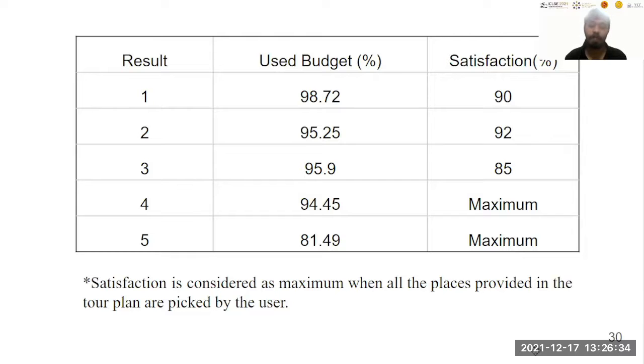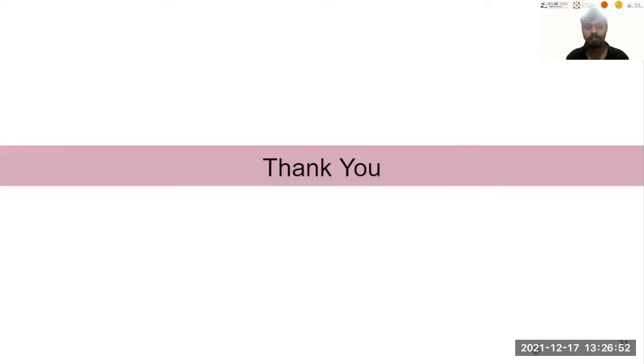So it will help the system to optimize the ratings of the places over time. When people get used to this system, the system will automatically improve with the rating system. So that's all. Thank you.